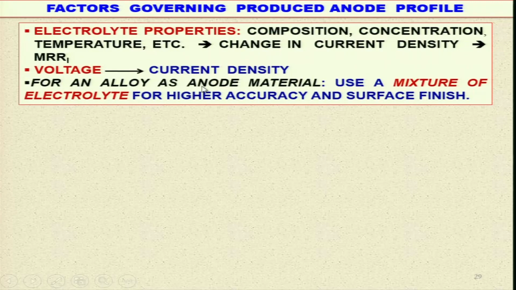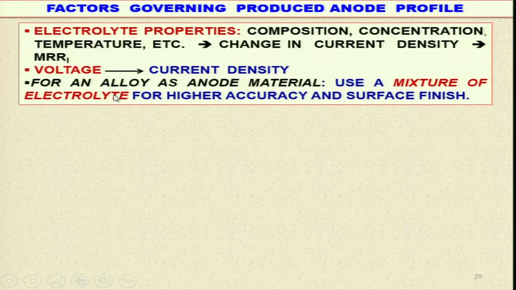For an alloy as anode material, use a mixture of electrolytes. This is very important, because most people are using a single-element electrolyte like NaCl or NaOH or NaNO3. But in the case of an alloy as the material, you can use a mixture of electrolytes.